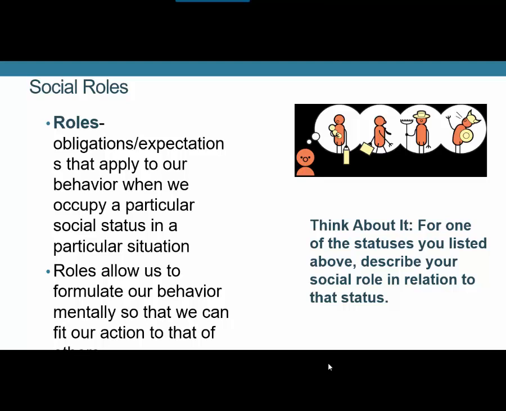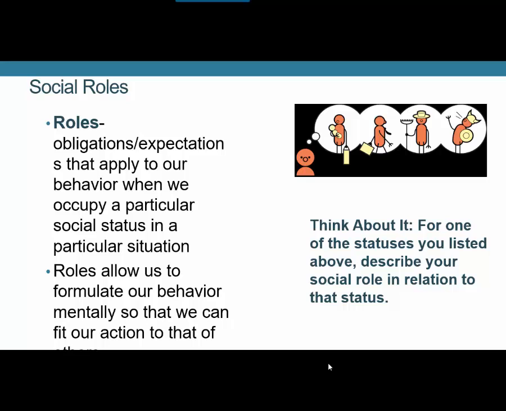Now, for all of our statuses, there are social roles, and these are the obligations or expectations that apply to our behavior when we occupy a particular social status in a particular situation. And social roles are important because they allow us to formulate our behavior before we do it, mentally, so that we can fit our actions to that of others. So we can act the way others are expecting of us.